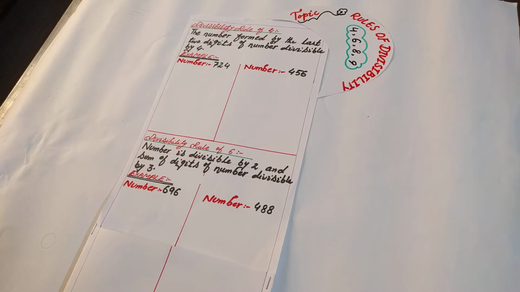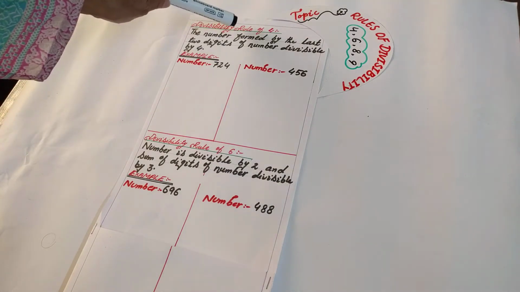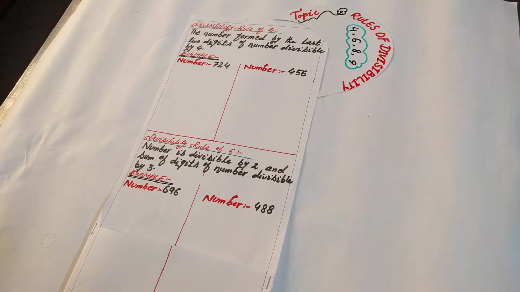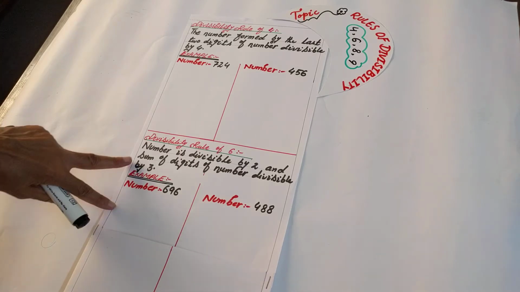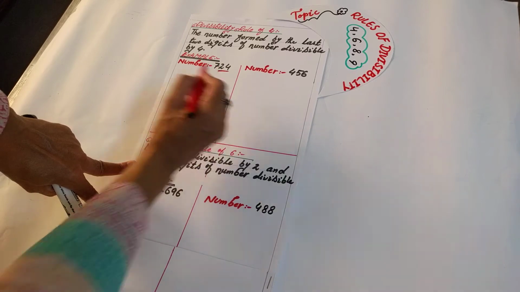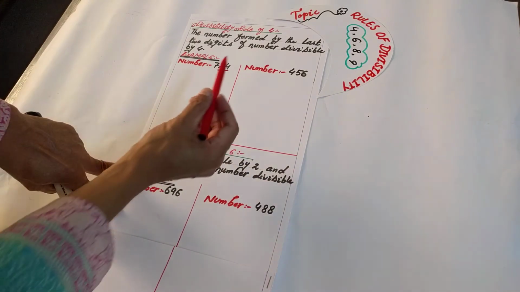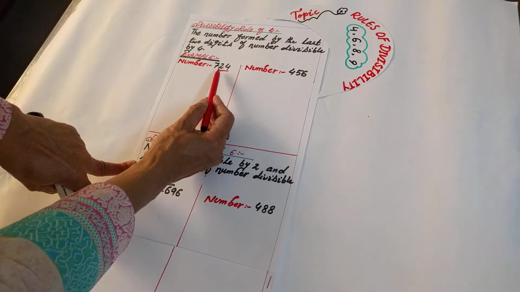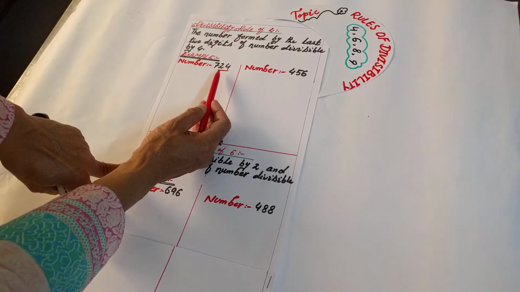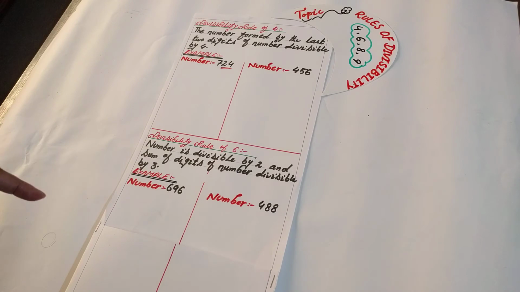Let's take an example. The number is 724. According to the rule, firstly we have to check the last two digits. What are the last two digits? 2 and 4, the tens place digit and the ones place digit. So the number formed by the last two digits of the given number is 24.